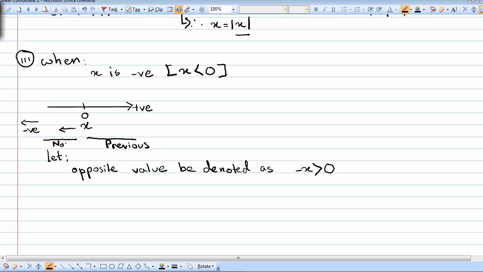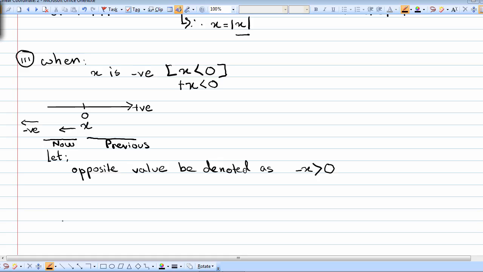So we are going to deal with the left hand portion of the number line. That's why we have defined that x is less than 0. You can also write this as positive x is less than 0.